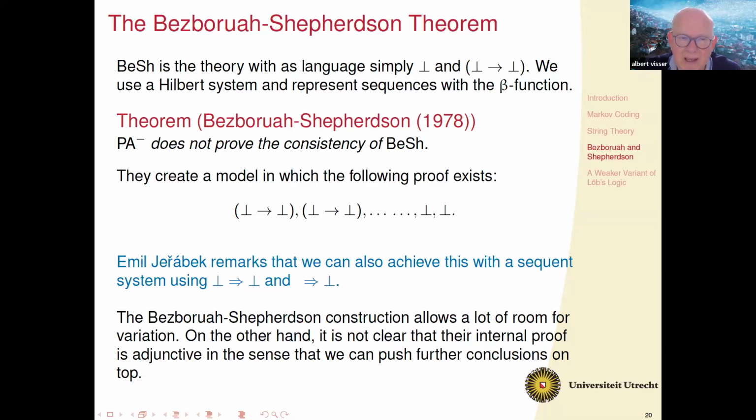In the weak systems this is put to the test in a more stringent way. For example, for Bezboruah-Shepherdson, at least as far as we know, not any old Gödel numbering or coding of strings is going to do this. So it's a stress test for the usual methods.